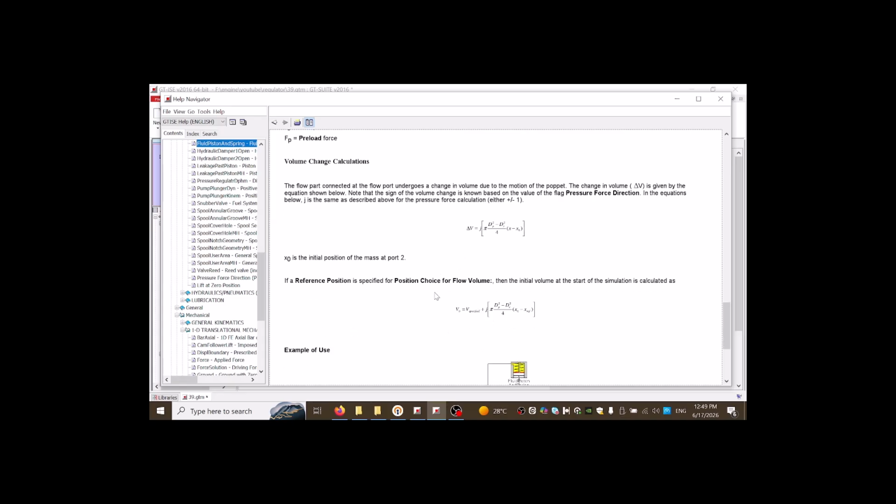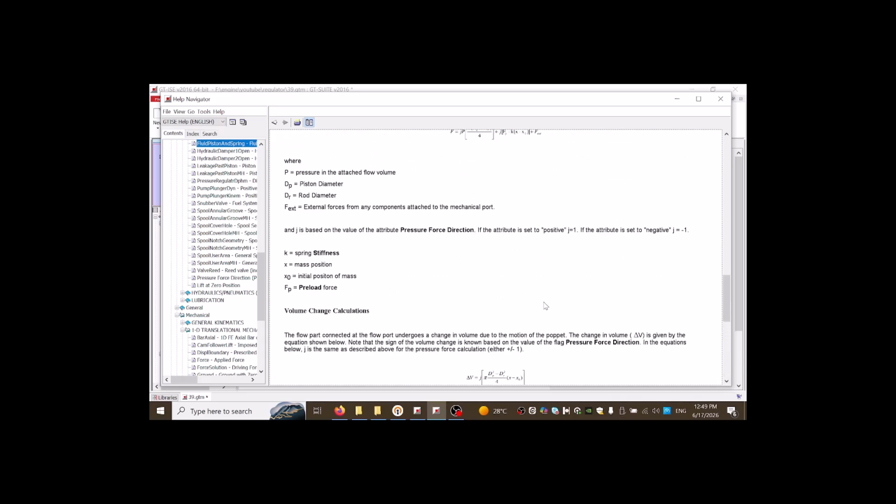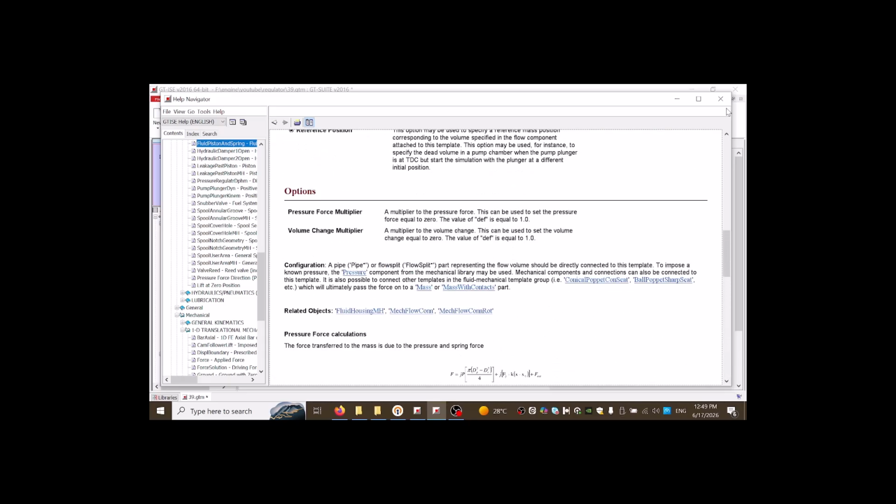And the other equation is for volume change calculation. And this is a figure of an example. Here we have a flapper valve, mass, and piston and spring. Okay. Now you know how to model a regulator in GT-Power.